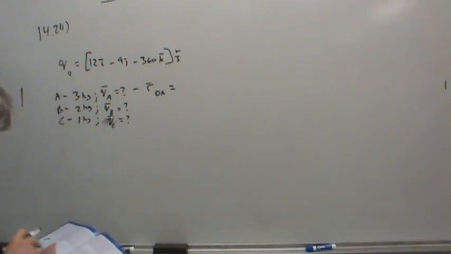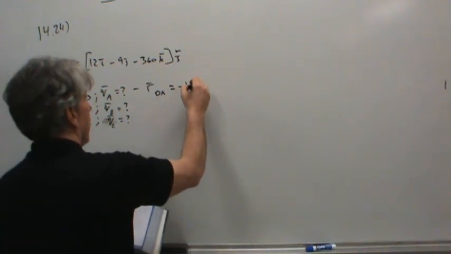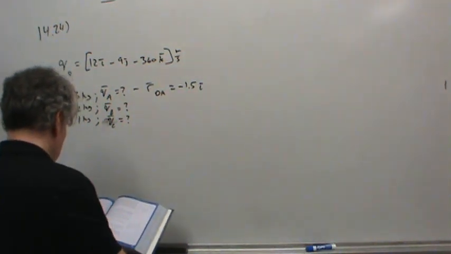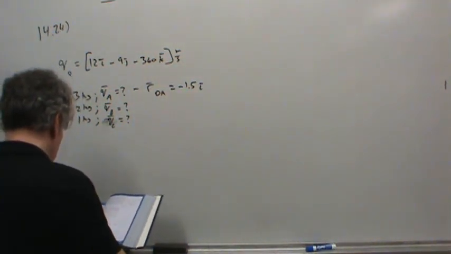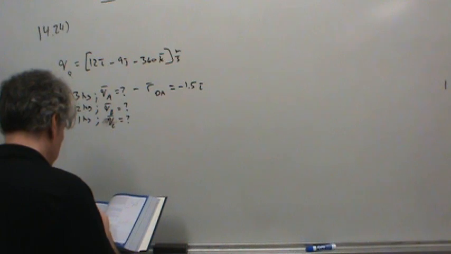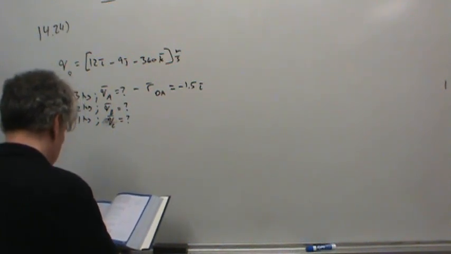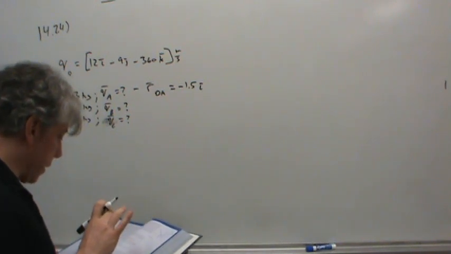So the vector from D to A would look like, let's see, in the i direction, negative 1.5 meters. In the j direction, let's see, it looks like the shell is up at 3 meters.